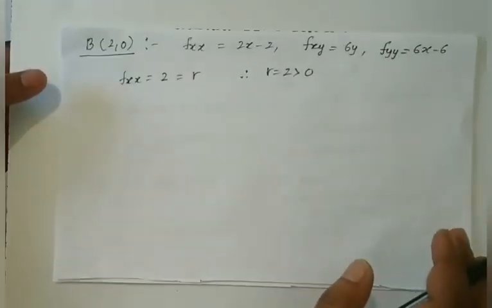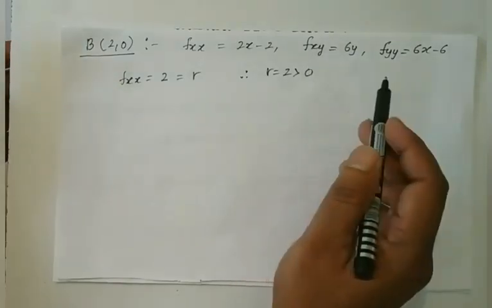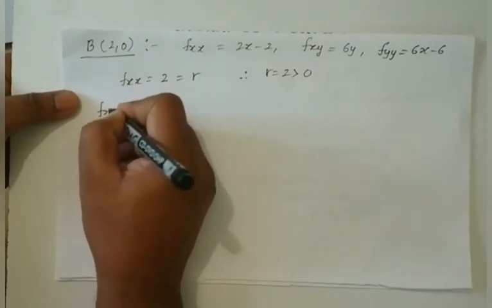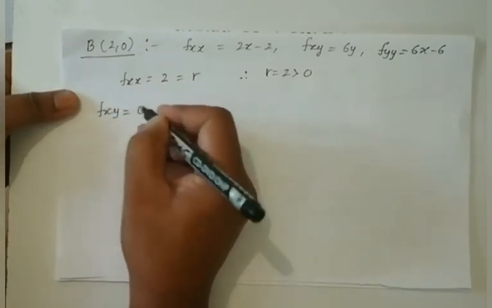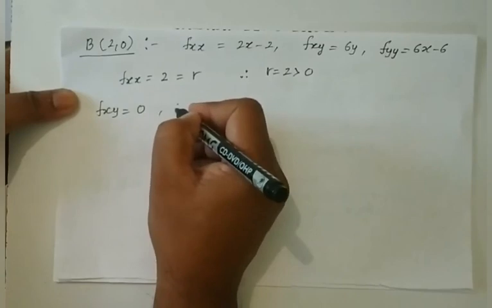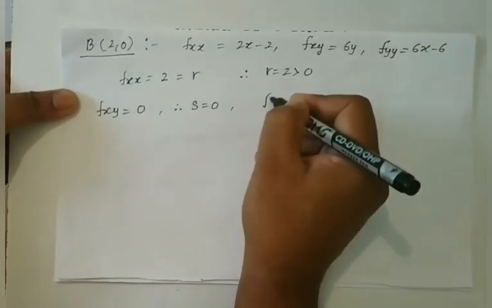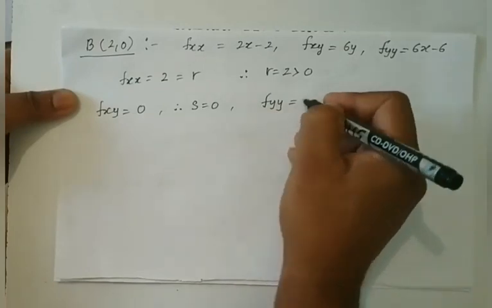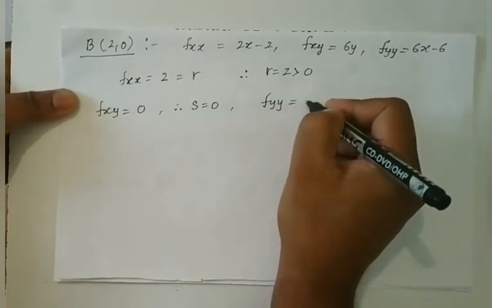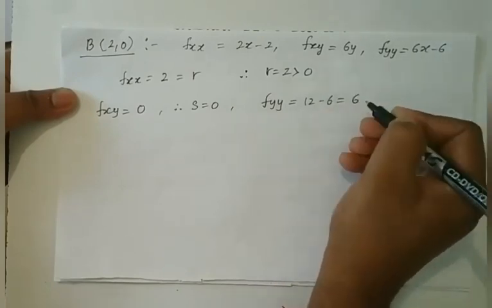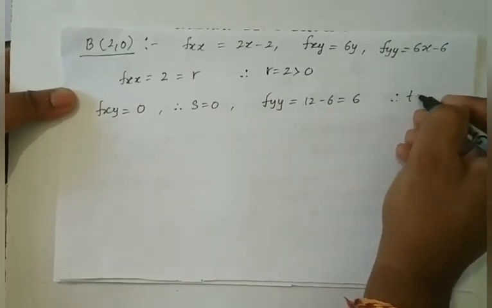Next, fxy is 0, therefore s is equal to 0. Next, fyy is 12 minus 6, which is 6. Therefore, t is equal to 6.